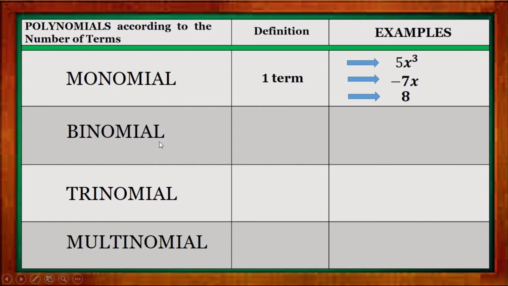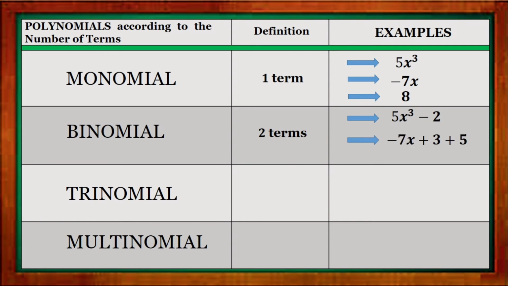So from the name itself, binomial, bi means two, and therefore binomial is an expression consisting of two terms. And some examples of binomials are, number 1, 5x cubed minus 2. Our first term is 5x cubed and our second term is 2.